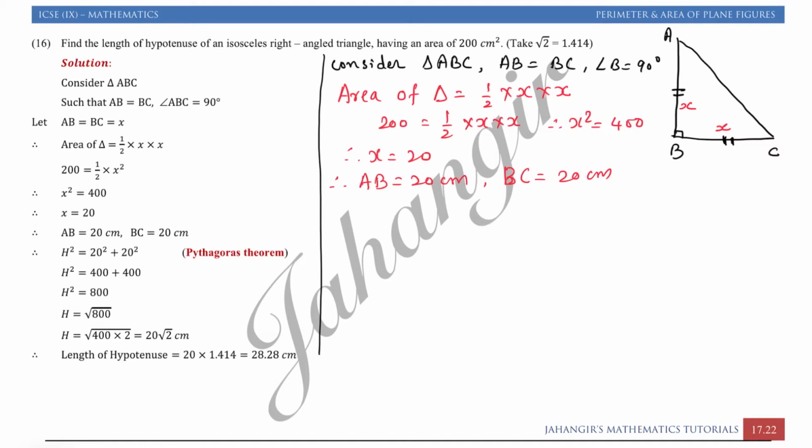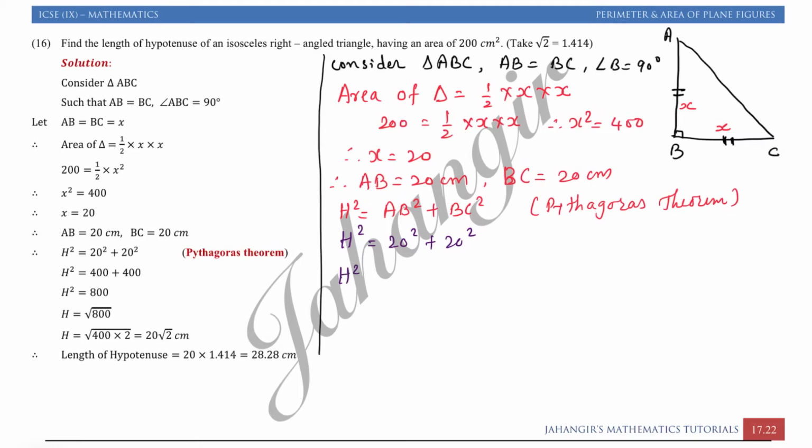So we will use Pythagoras theorem. Hypotenuse square is equal to AB square plus BC square. So h square is equal to 20 square plus 20 square.